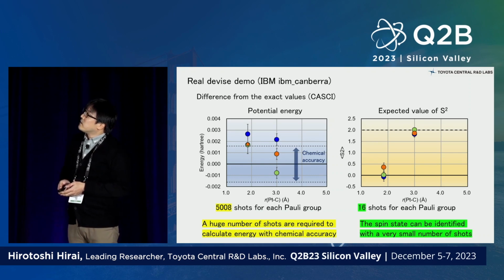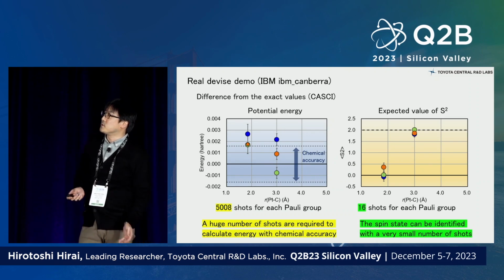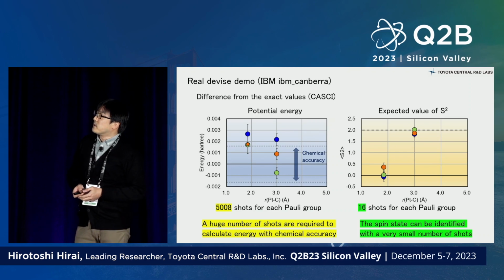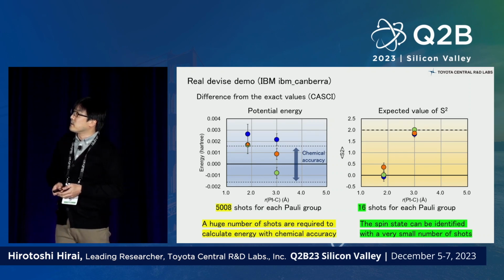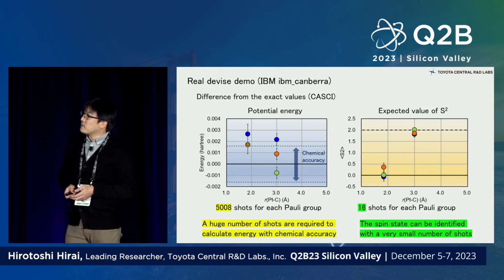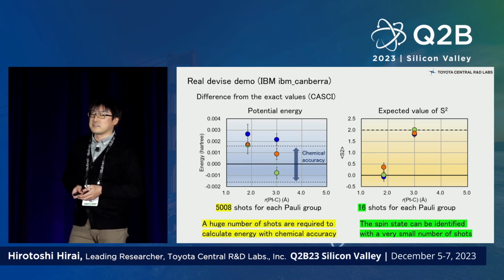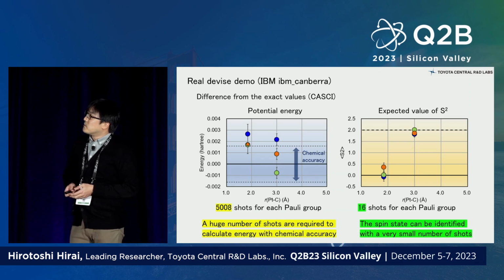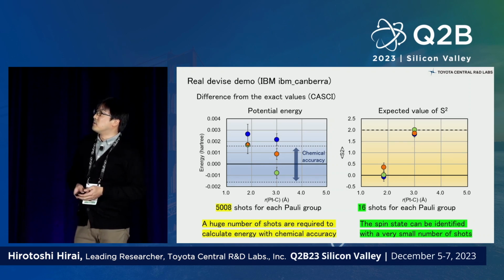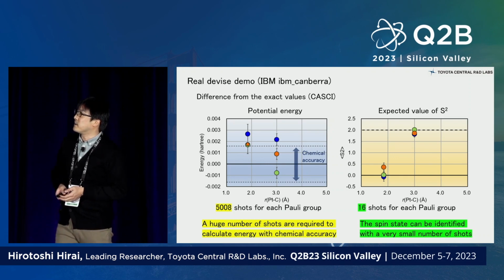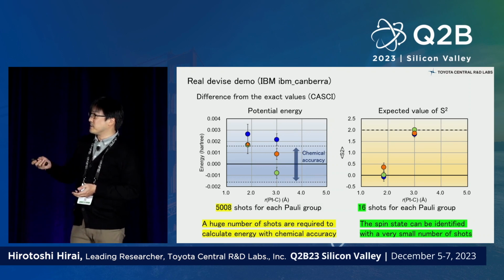And for energy computation, we used 5,000 shots for each Pauli group, but we couldn't get accuracy within chemical accuracy. Chemical accuracy is the criterion for industrial application of quantum chemistry computations. So we need a much larger number of shots to calculate energy with chemical accuracy. And noise on NISQ devices prevents us from getting such accuracy.